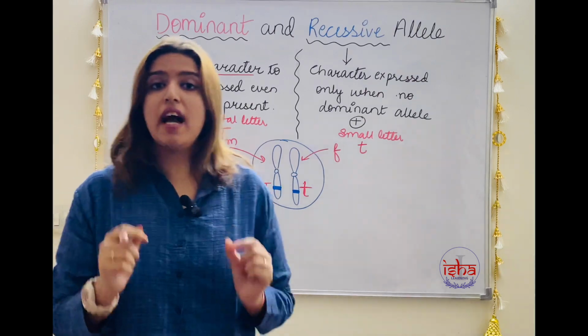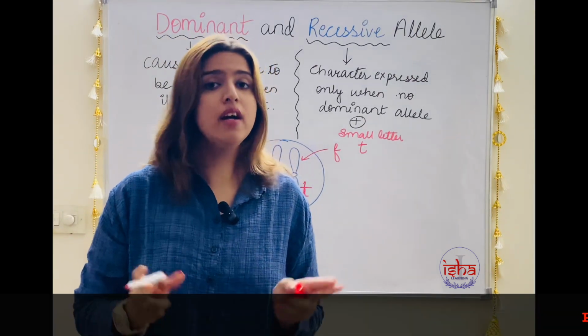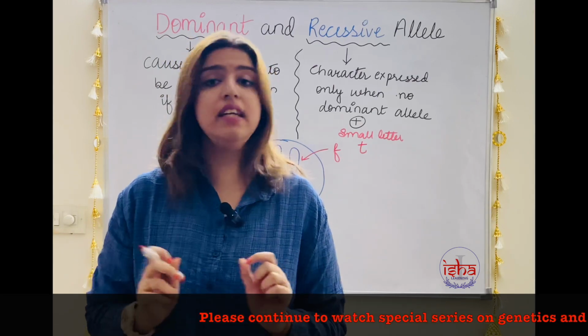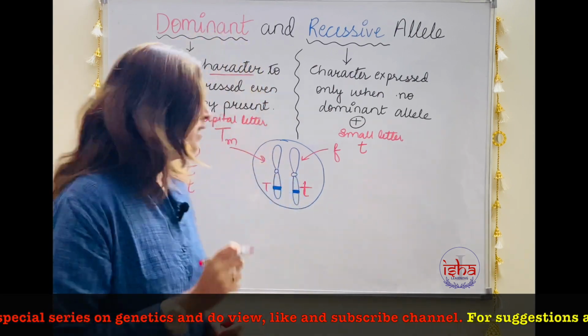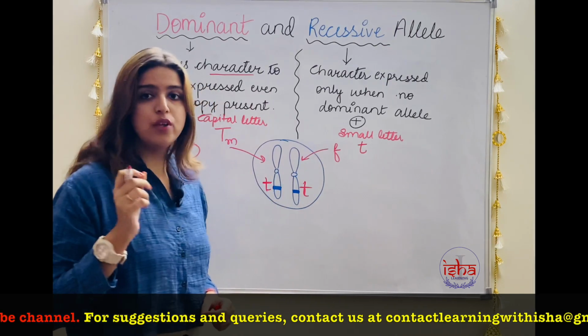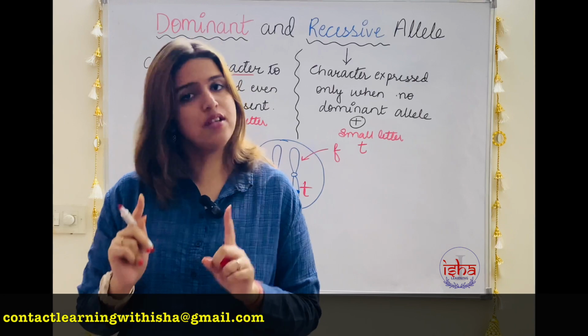But for the organism to be short, what do I need? I need both copies to be of the recessive type. In other words, not a single dominant allele should be present, not even one capital T. That is the only case in which my recessive character is going to come. So short height has only one condition, guys: small t small t.